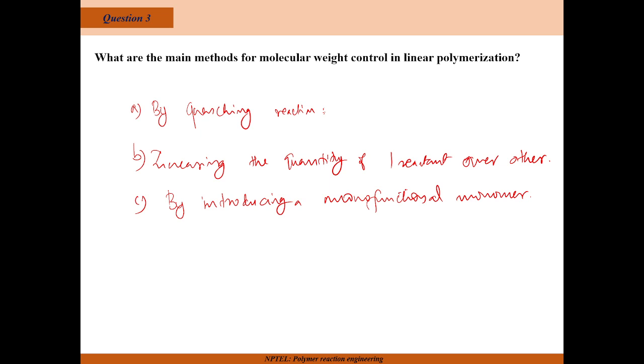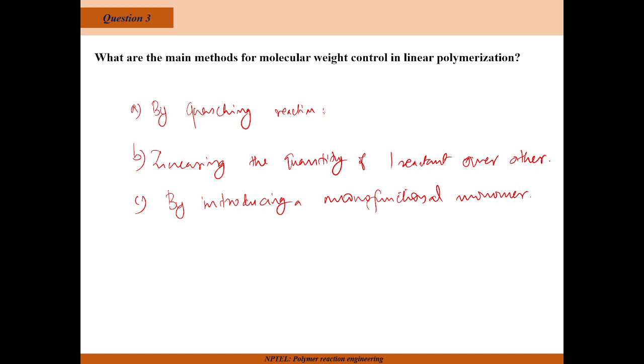We need to stop the reaction at some particular point and then we can control the weight. That is what weight control in linear polymerization is. Yes, definitely. We will stop the reaction at a particular instant. Kind of termination itself. Okay.